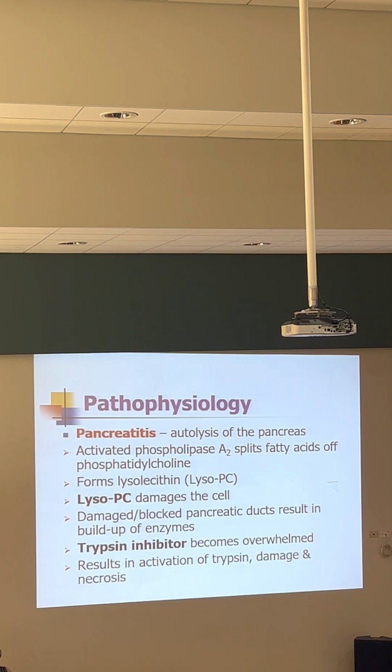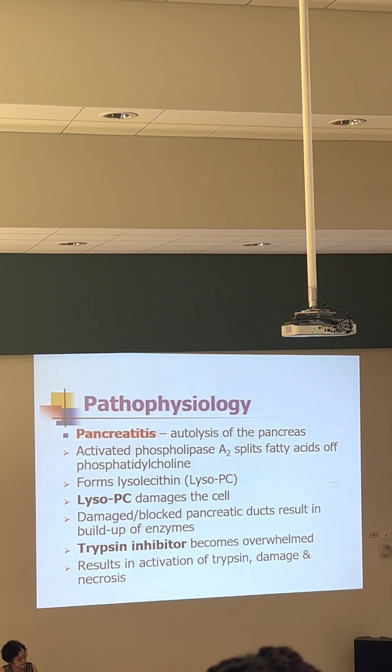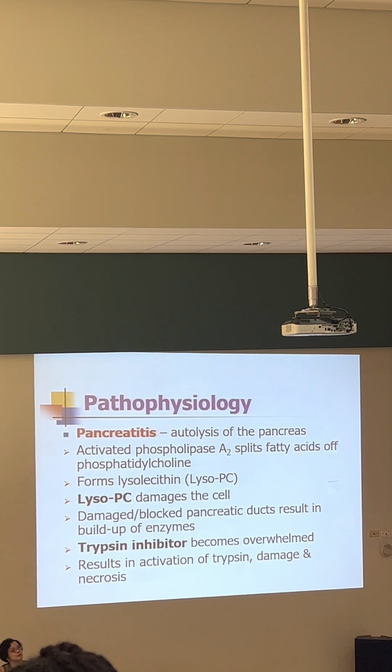You understand? The more you block the ducts or the more inflammation there is, the more things can't pass out, and the more concentrated the other enzymes will be relative to antitrypsin. And so it can't really keep them inactive.